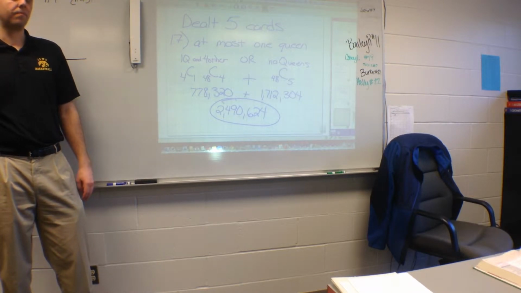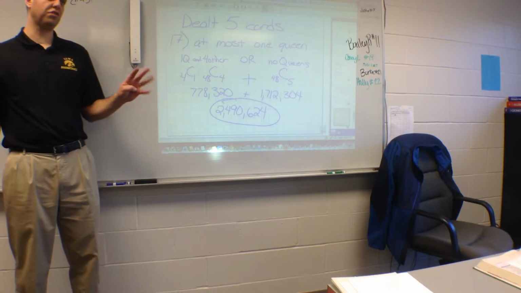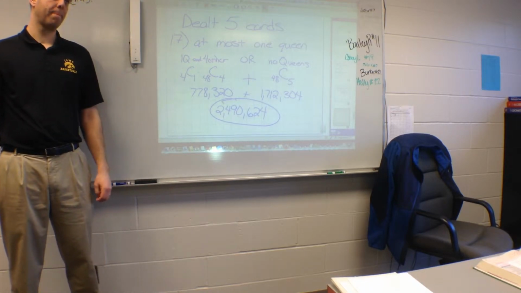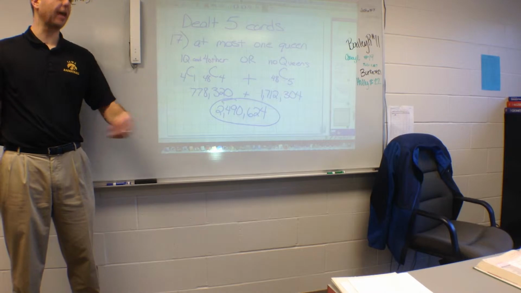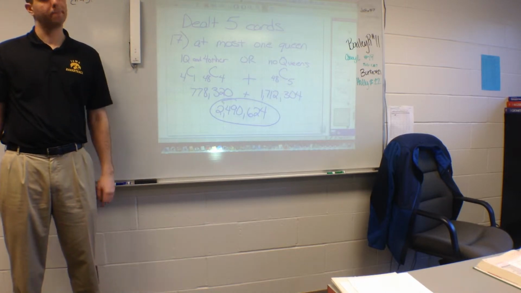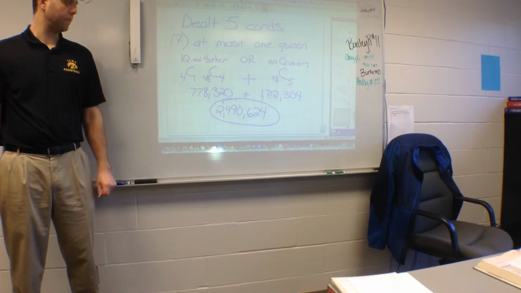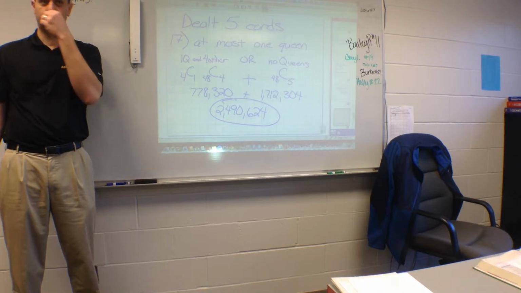So queens is 4, right? There are 4 queens in the deck. Yep, you use the same thing for jacks. There are 4 jacks, there are 4 aces, there are 4 kings, yep. Anything else?